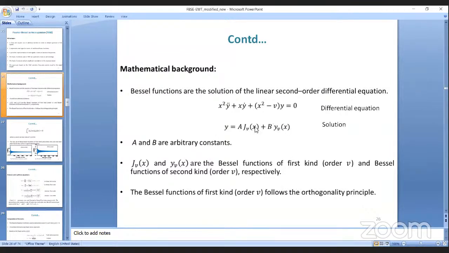And actually the Bessel functions of the first kind, order v, are found very useful for signal representation because they follow the orthogonality principle. So we will focus in this talk on signal representation based on the Bessel functions of the first kind of order v. And in the literature, orders 0 and 1 of the first kind have been studied for signal representation.